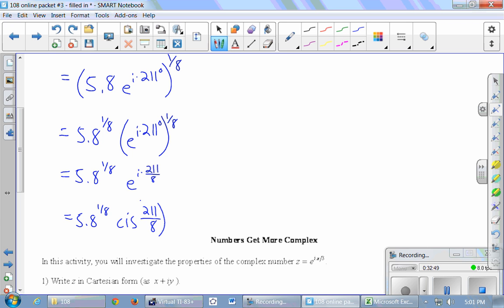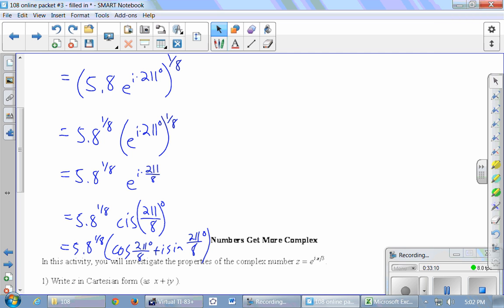So that's 211 divided by 8 degrees. And that means 5.8 to the 1/8, and then cis means cosine of the angle plus i sine of the angle. All of this is just numbers we can type into the calculator.